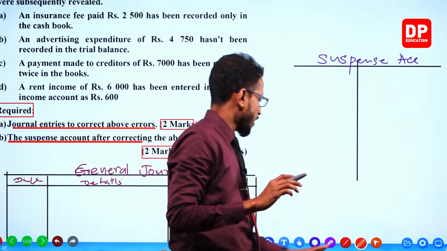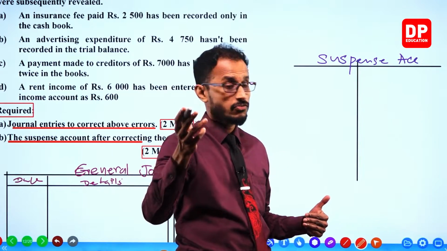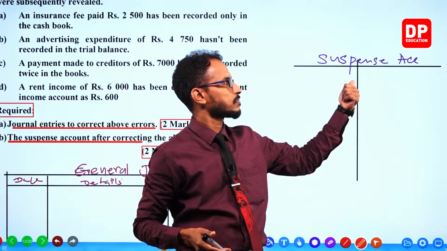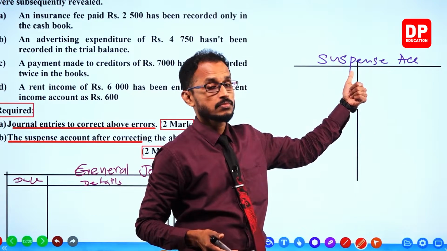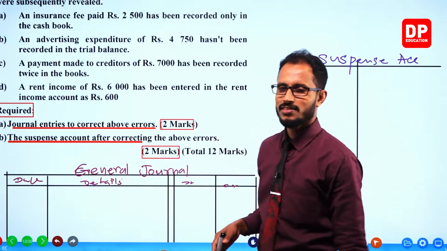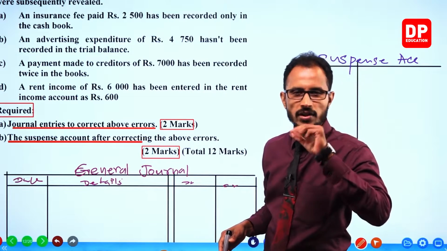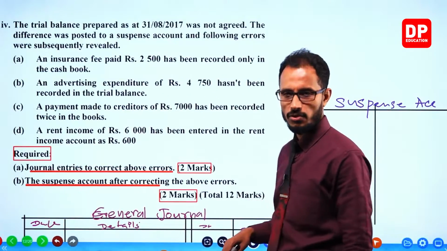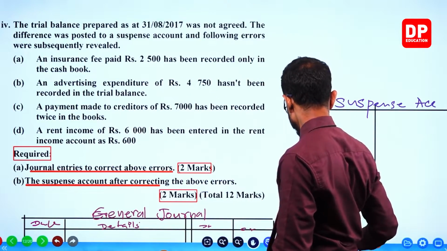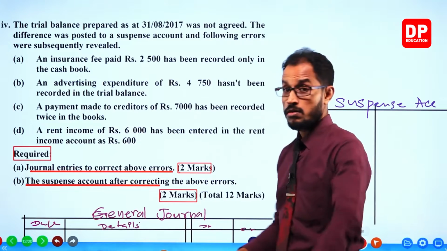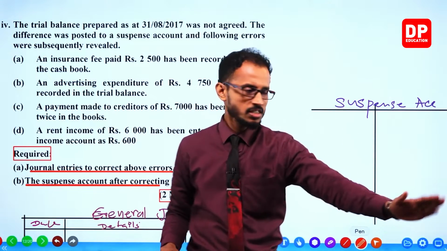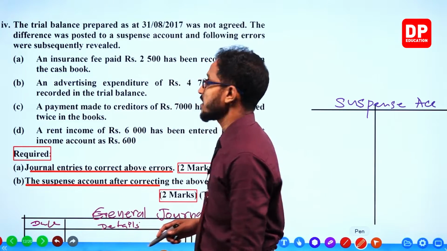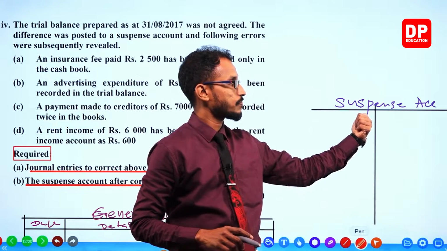And I have to record the first thing: we have to record the difference in the suspense account. Don't forget that. Even in the exam, remember, if you draw the suspense account, record or enter the difference into the suspense account.